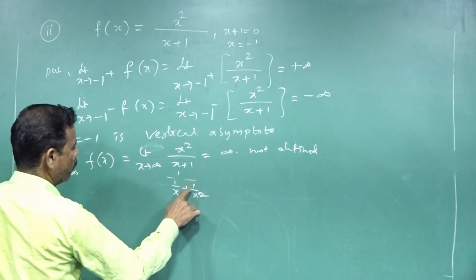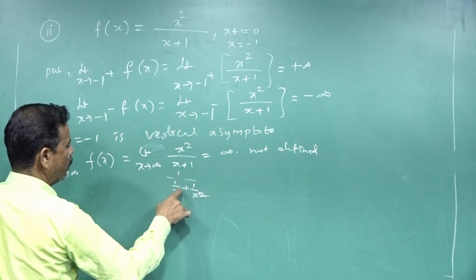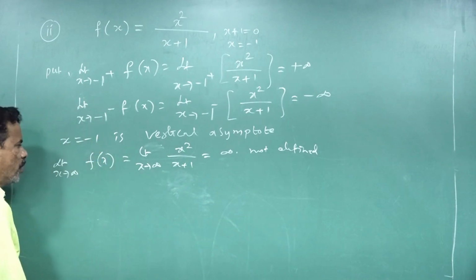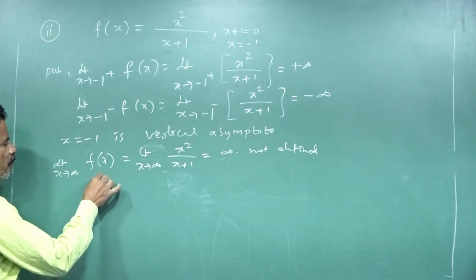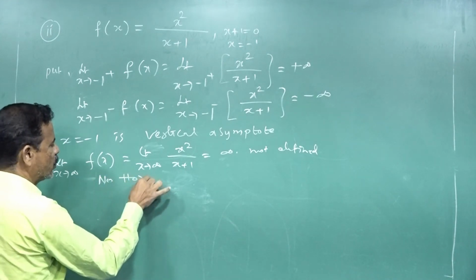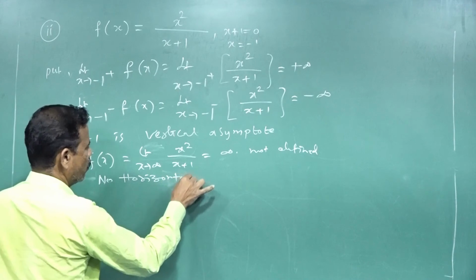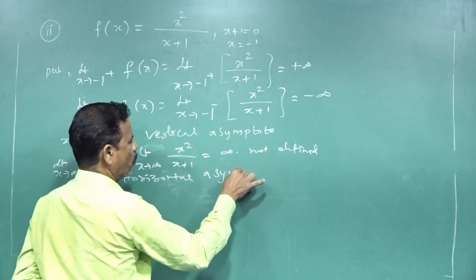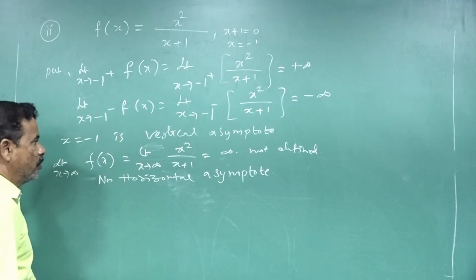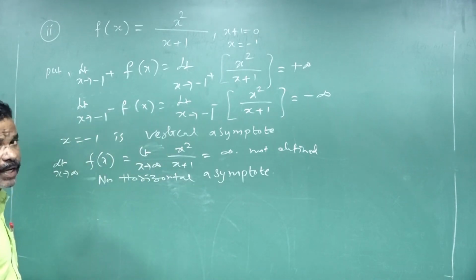The denominator tends to 0, so something by 0 gives infinity. So there is no horizontal asymptote. Next, we check the slant asymptote.